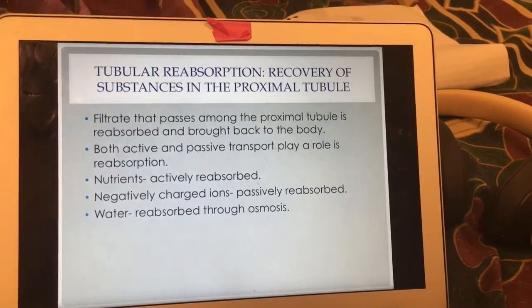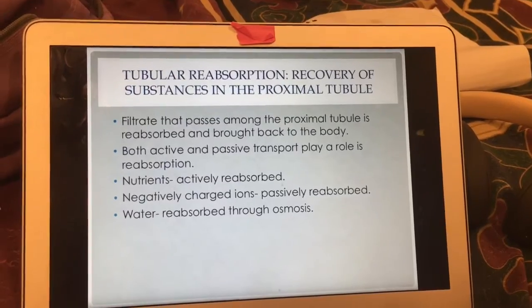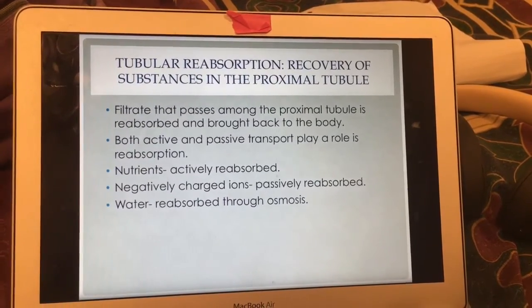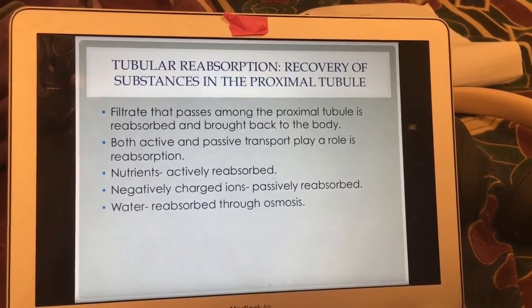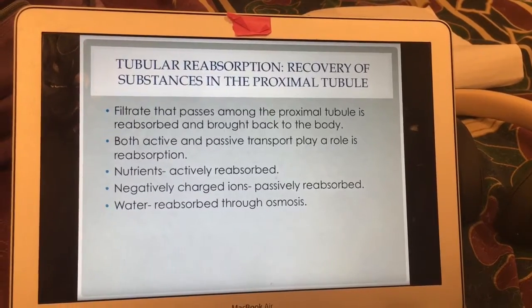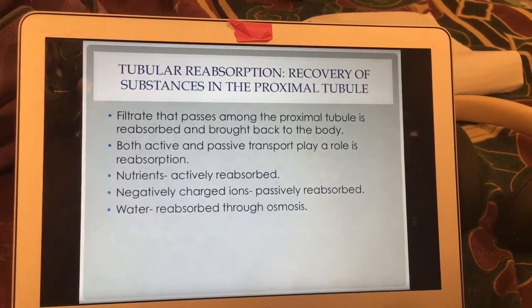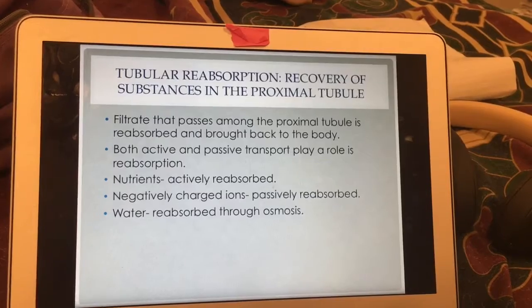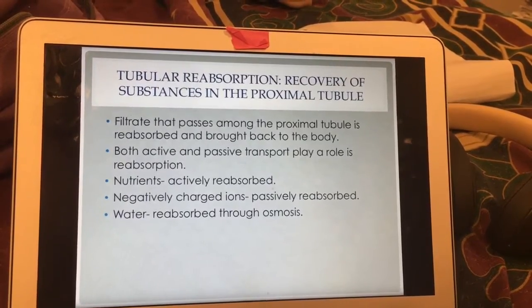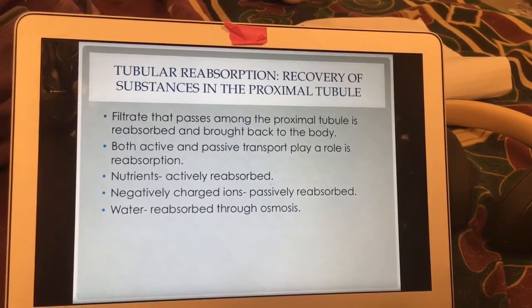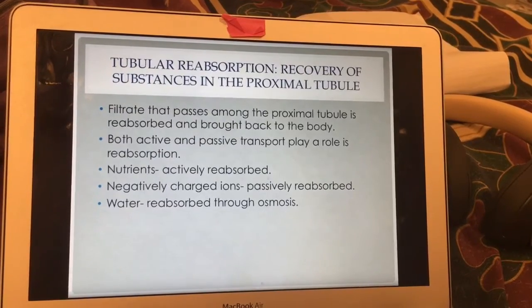So, first, nutrients are actively reabsorbed. The cells of the proximal tubule have mitochondria, which use the energy of ATP to transport sodium ions, glucose, and many solutes back into the blood.